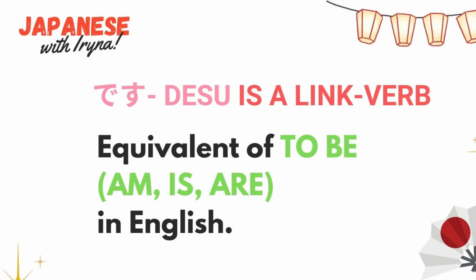Desu is a link verb, equivalent of to be, am, is, are in English. So desu is used in formal, neutral, polite style in Japanese language, and you can use it every day while talking with people who are not your friends, maybe colleagues, boss at your job.